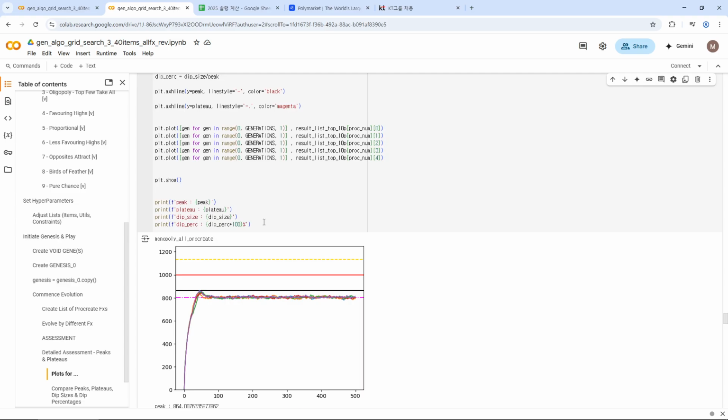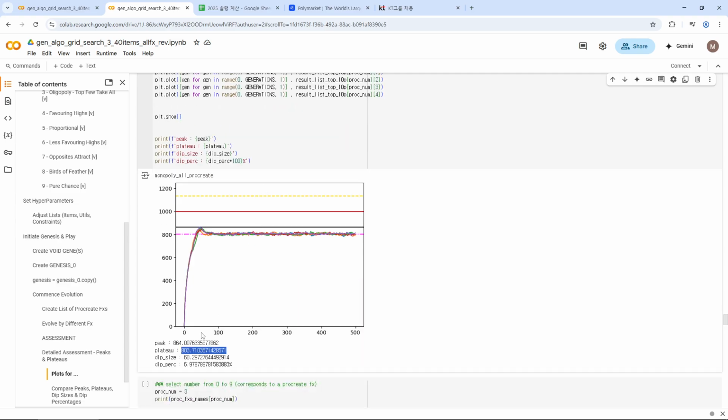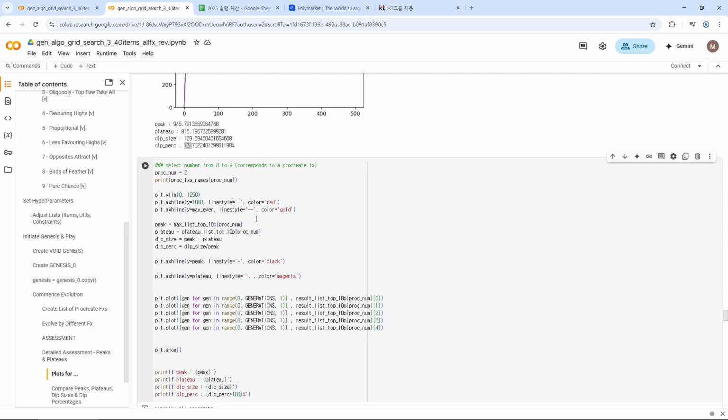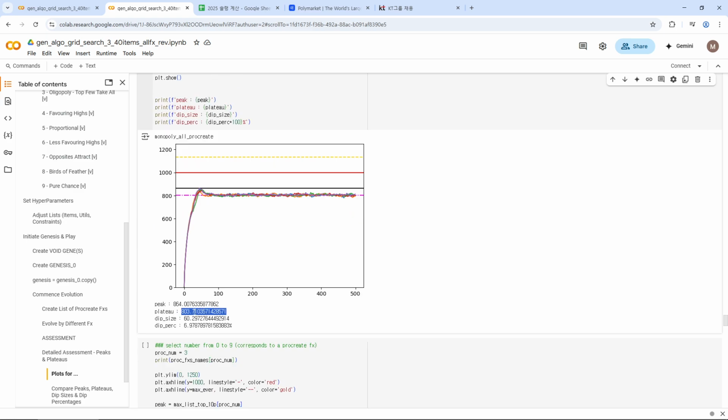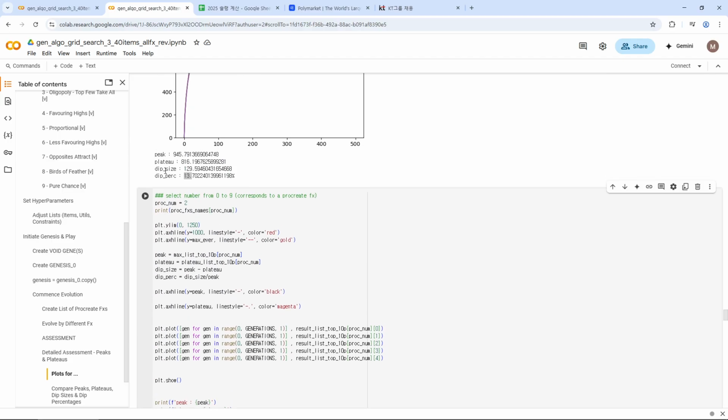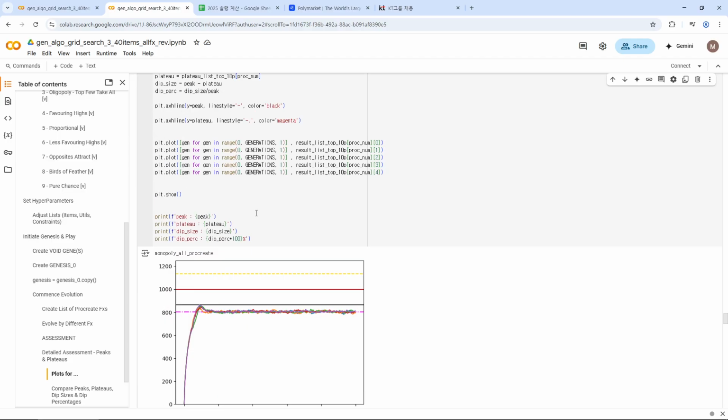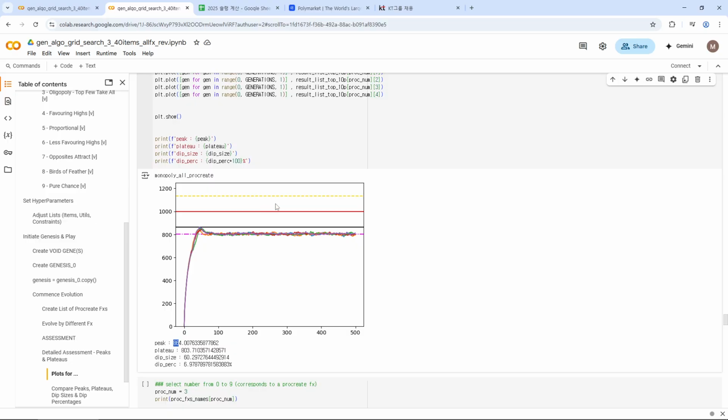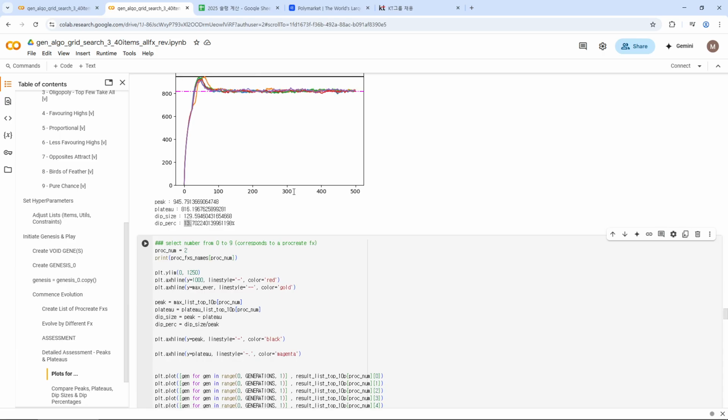As you can see, the plateau level isn't that different. It's 816 versus 803, so it's only a difference of 13 or so utility values. However, the peak is different. This one's 864, this one's 945. So again, 80 difference.